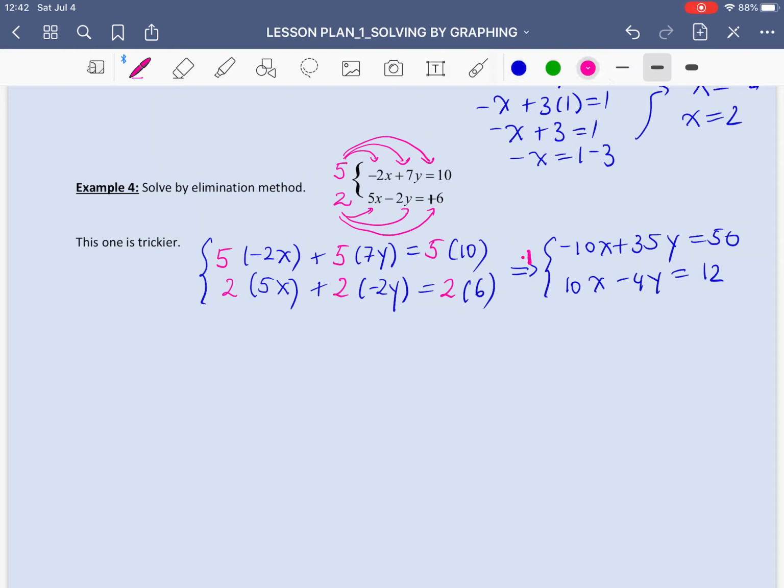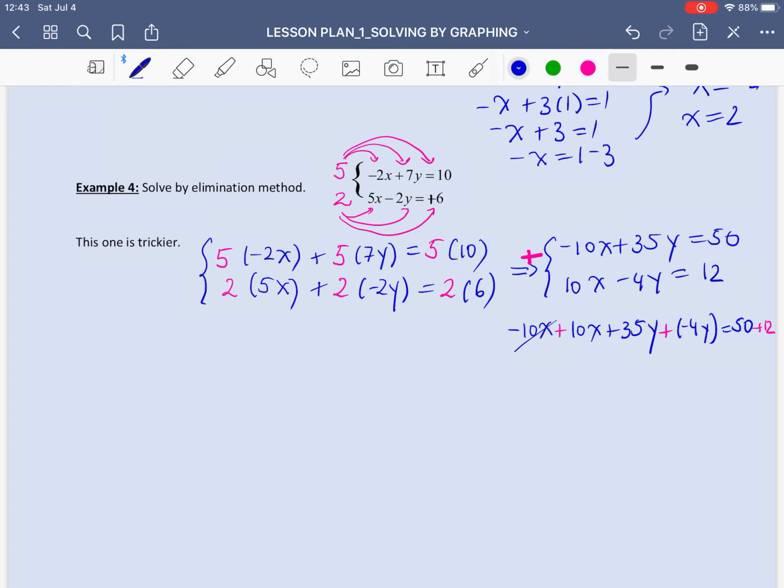It's easy to see that by adding the two equations now we can eliminate the x. That's what we've been working for, right? So we have negative 10x plus 10x, plus 35y plus negative 4y, equals 50 plus 12.